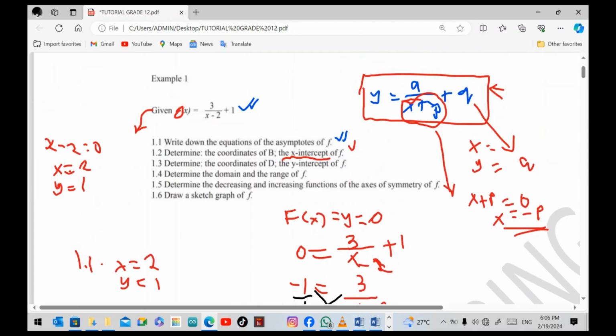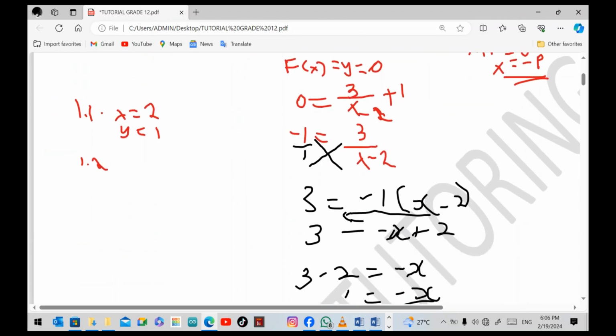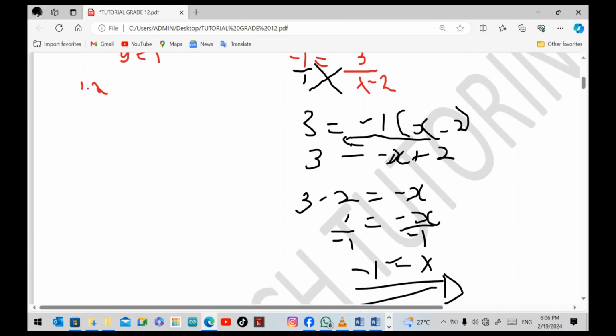Let's go back to the question. We must always reread the question. The question was: determine the coordinates of B. The coordinate form is written like this. We only found the x-intercept. We didn't write it in coordinate form, so we don't deserve to get full marks.